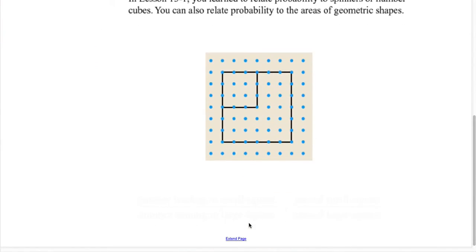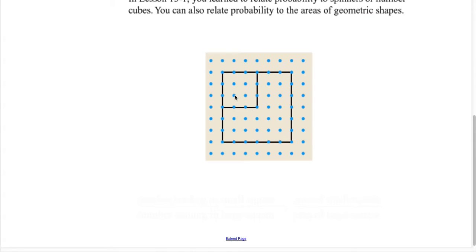If you take a look at this particular area right here, let's say you have a beanbag, and let's say you don't have any skill in throwing a beanbag, and you're asked to throw the beanbag 50 times. What is the probability that the beanbag will fall in this square right over here?